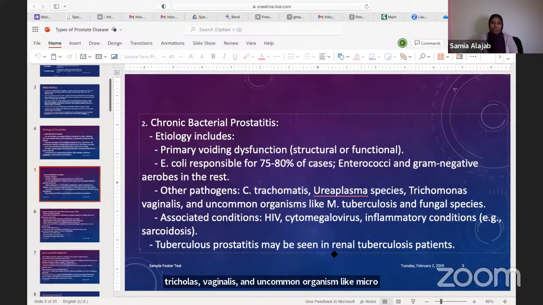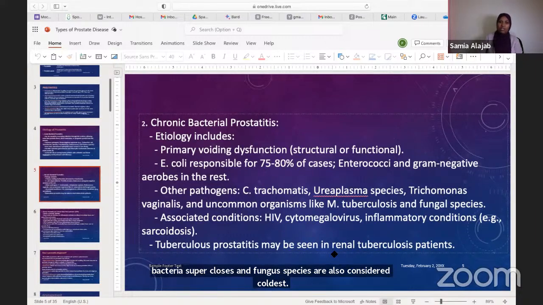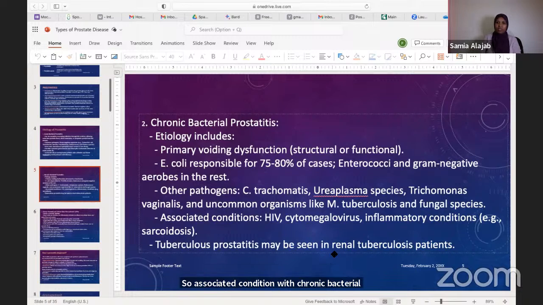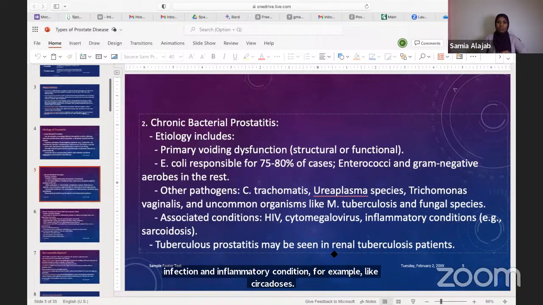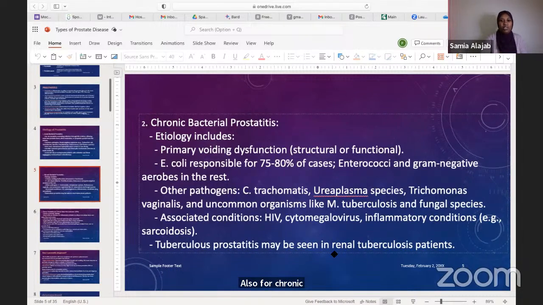Associated conditions are HIV infection, cytomegalovirus infection, and inflammatory conditions like sarcoidosis. Tuberculosis is also one of the causes, and tuberculous prostatitis may be seen in renal tuberculosis patients.